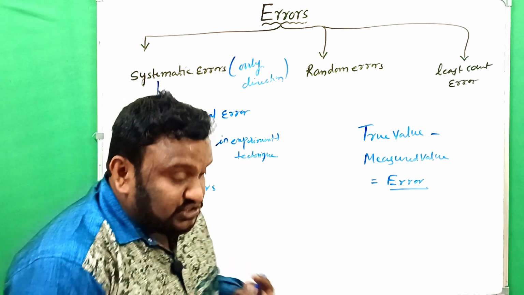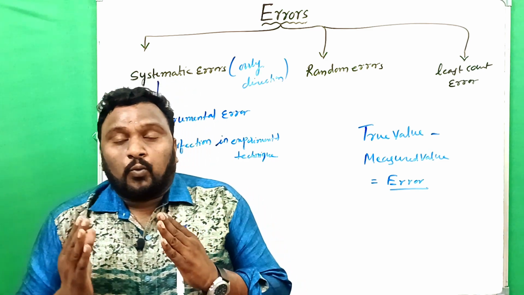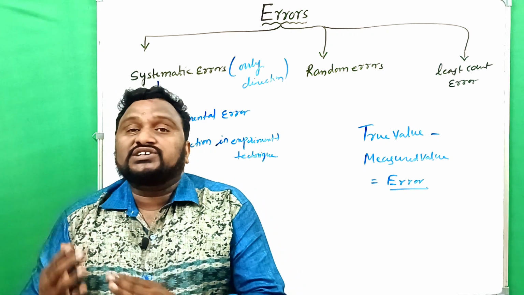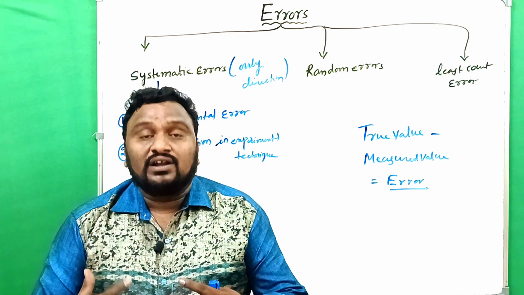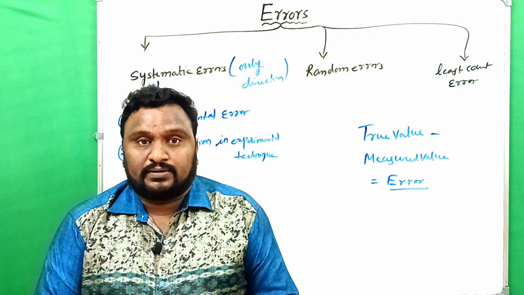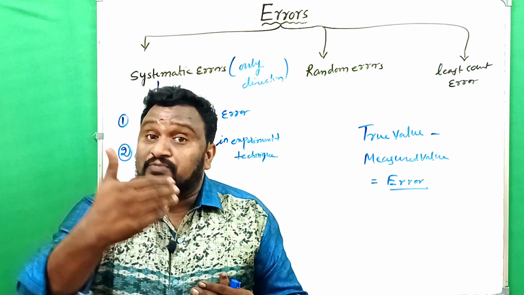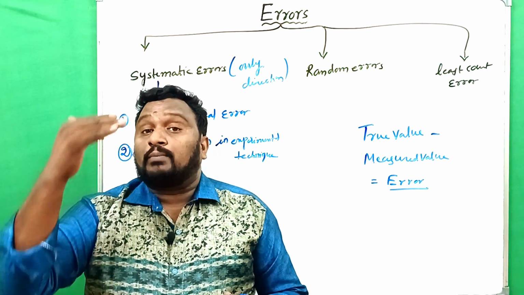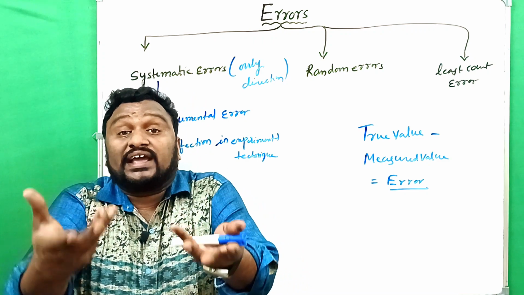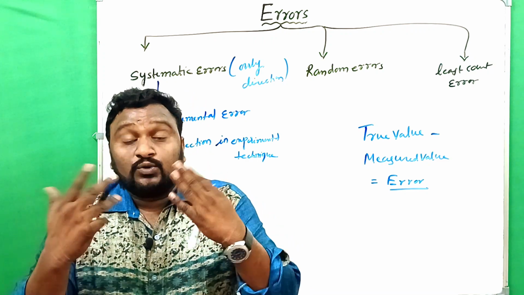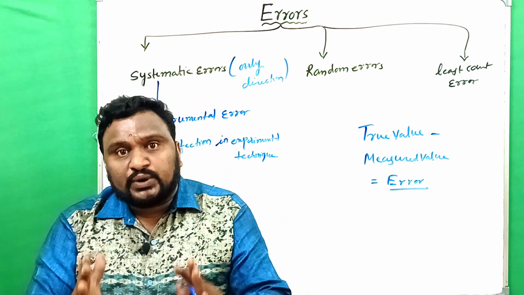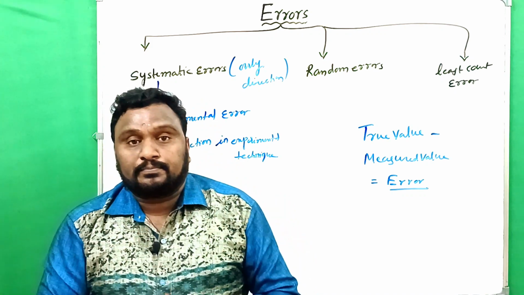What is meant by instrumental error? In the calibration or manufacturing of the instrument, if there is a defect in the instrument and we perform an experiment using that instrument, then for every observation we get the error.